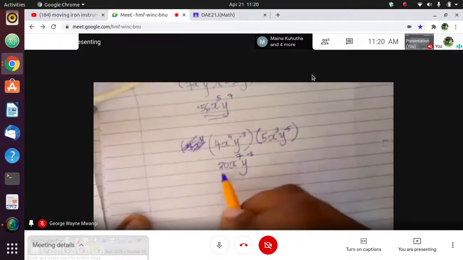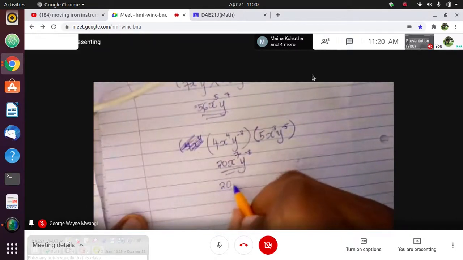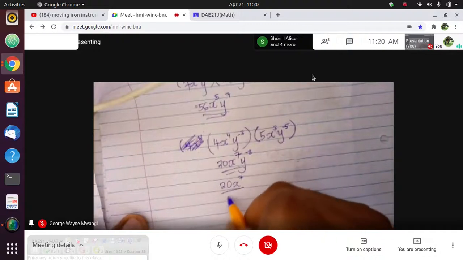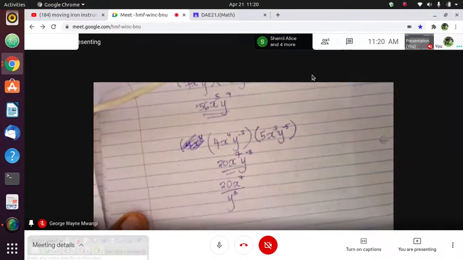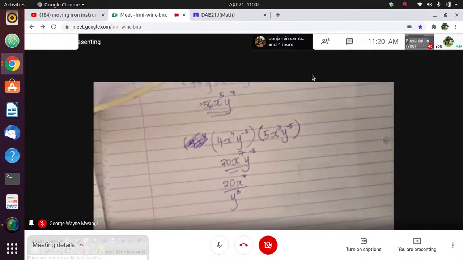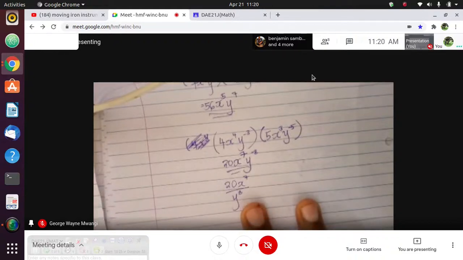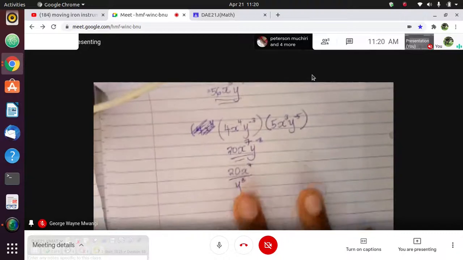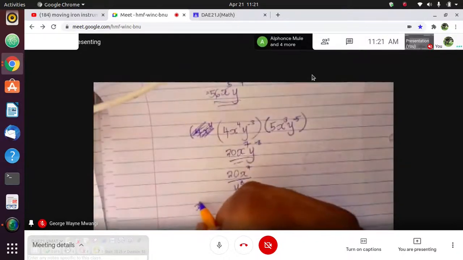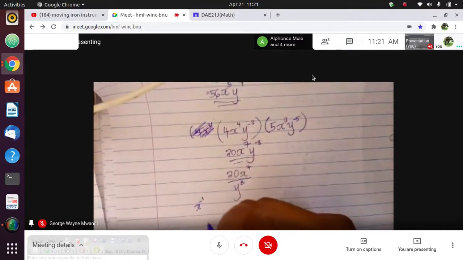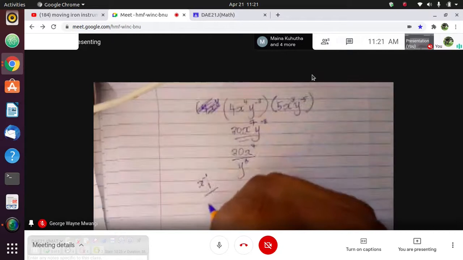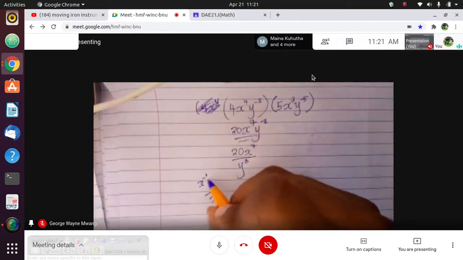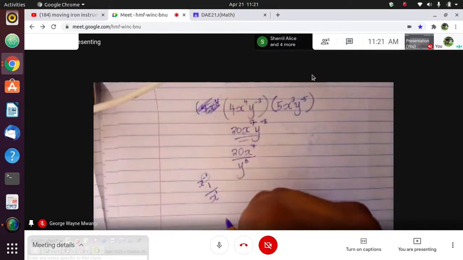Now, this value over here, I can write it as 20x raised to power 7 over y raised to power 8. Kuna swali hapo? Is there a question? I want us to review the laws of indices that we had talked about. When you have a number raised to a negative exponent, this is the same as writing that number as a reciprocal ama as an inverse, and that power changes its sign to positive.